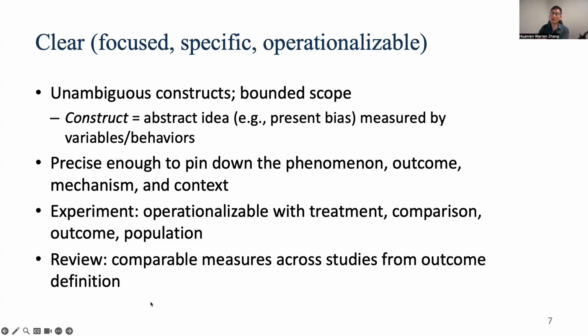And depending on whether you are running an experiment or writing a literature review, it has slightly different meanings, right? So if you are designing an experiment, to be clear, you need to make your research question operationalizable with the corresponding treatment, comparison, outcome, and population. And for literature review, you need to have comparable measures across studies from the outcome definition, what you are interested in, right?